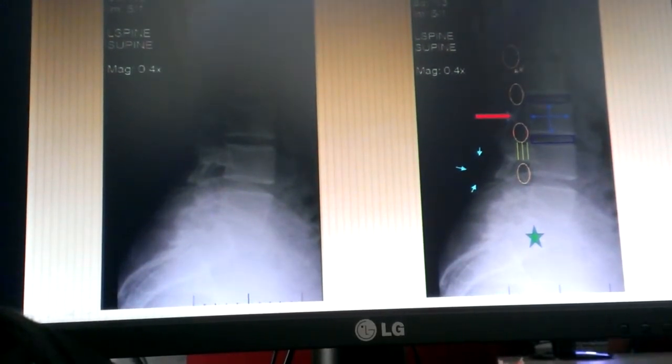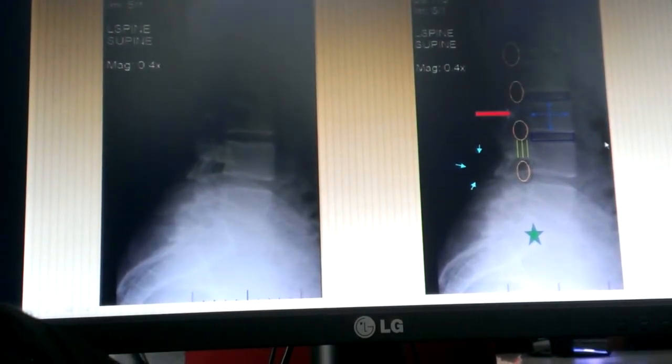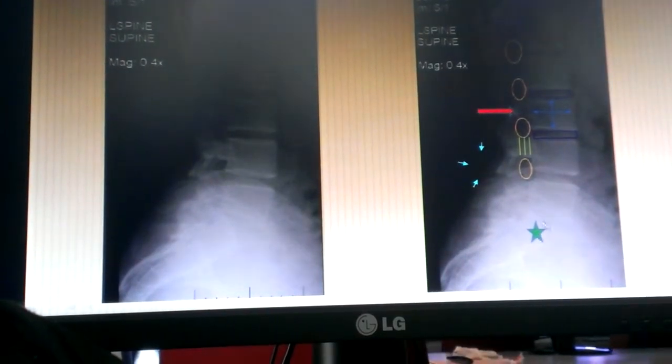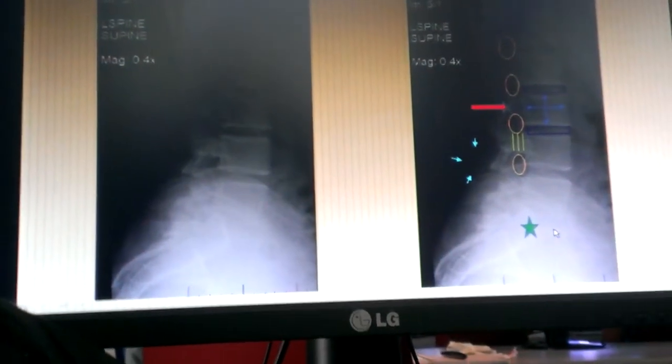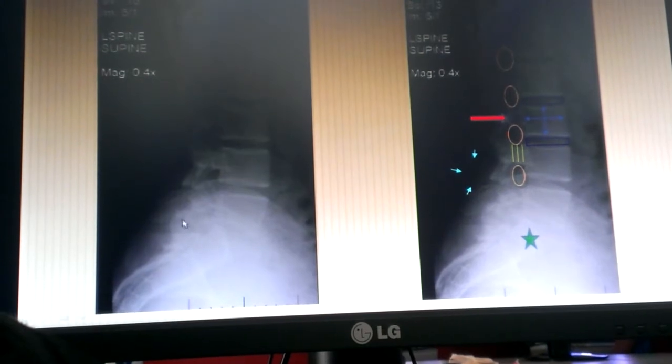Okay, and then these are the IVFs. And then this area here has to be the pedicle, right? And then of course, superior articular process, inferior articular process, transverse, and then underneath that would be the pars. This would be the first sacral segment. This is the sacral base. This would be referred to, you can see a little bit better, the anterior sacral promontory, and then a spinous process.